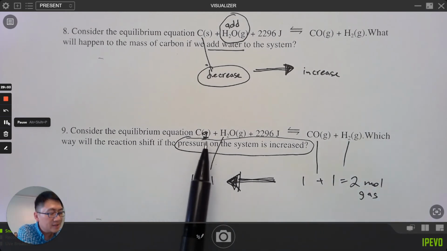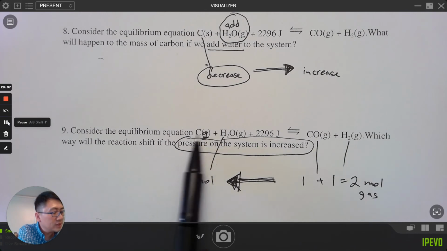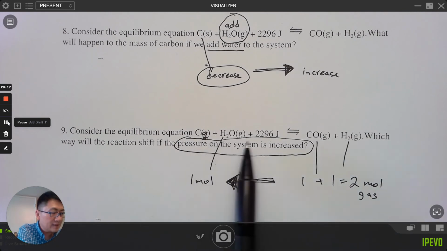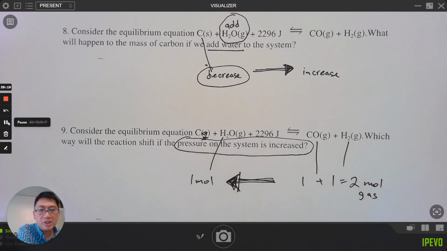If that said G, not S, then it would be 2 moles of gas on the left, 2 moles of gas on the right, and neither side is favored. If there were 2 moles of gas on both sides and we increase the pressure, it will neither shift left nor right, because it's the same on both sides. It will make no difference.